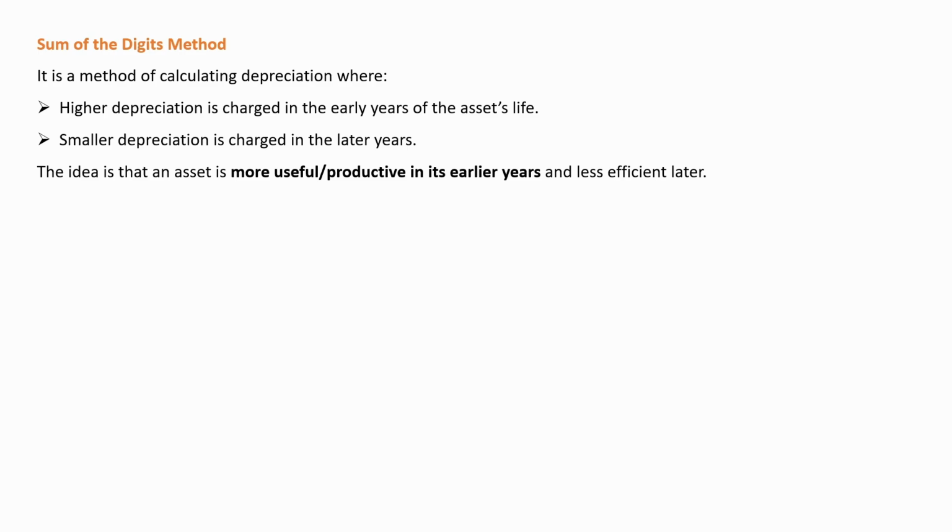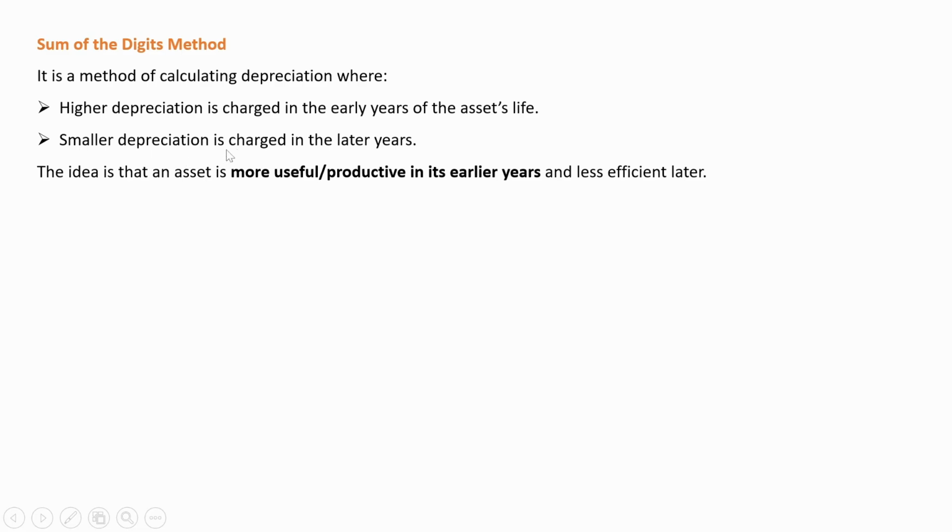We go to the third method for calculating depreciation called sum of the digits method. Sometimes we call it rule of 78 method. So it is a method of calculating depreciation where higher depreciation is charged in the early years of the asset's life.